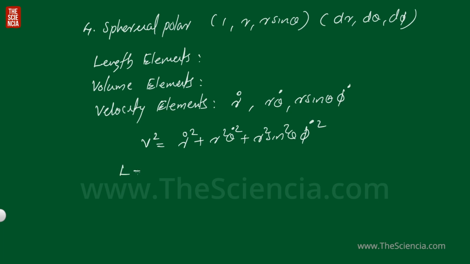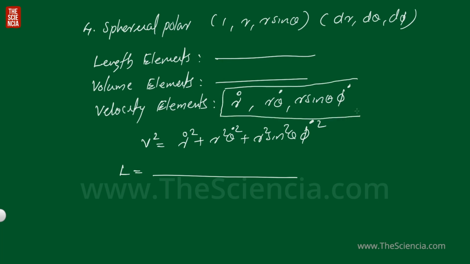So we can write the Lagrangian. It's work for you, and these are also work for you. But remember these values. You have to remember these velocity elements in spherical polar coordinates to use our tricky method, the superposition method.